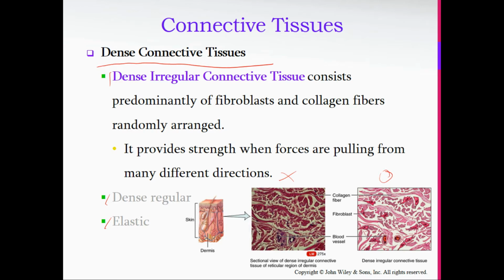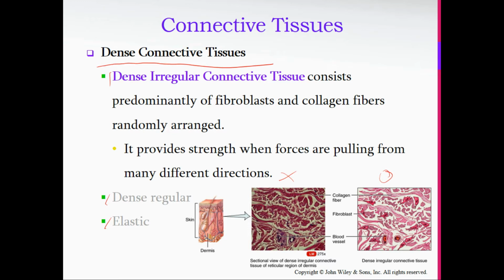The fibers of the board run in all directions, and that's what gives the plywood its strength. This particular type is good when it's being pulled in different directions because all the fibers run in different directions. So it gives it strength in a multitude of directions that it can be stretched or pulled. And that's why the fibers run in all directions.